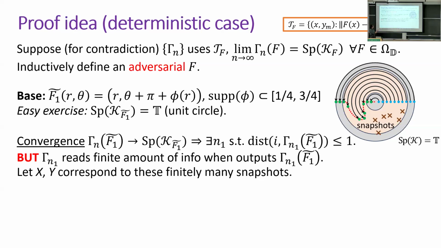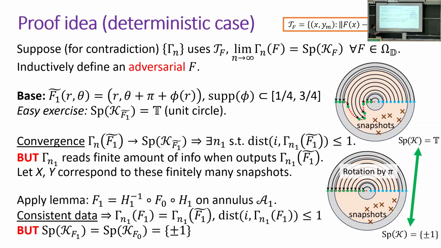Now I'm going to let x and y correspond to the snapshots, the data that it's seen when it spits out this answer, and apply the lemma with these x and y's. I'm going to define f1 to be this map here, which is conjugate to this rotation.